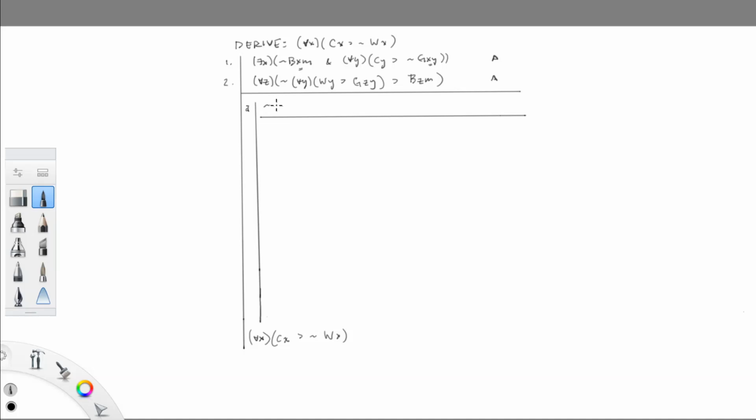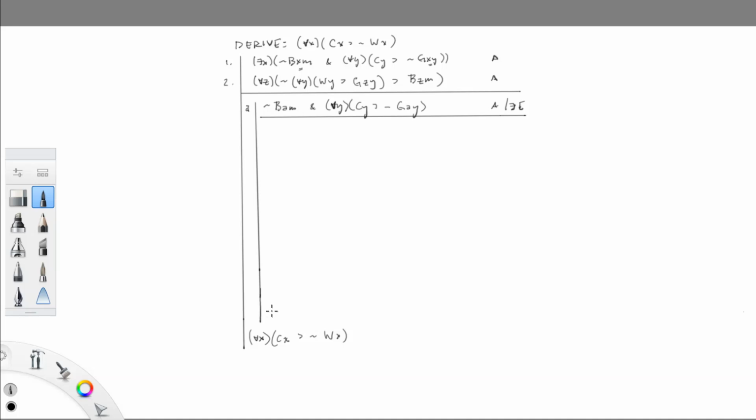Okay, so tilde BAM ampersand for all y, if Cy, then not GAy. That's an assumption for existential elimination.